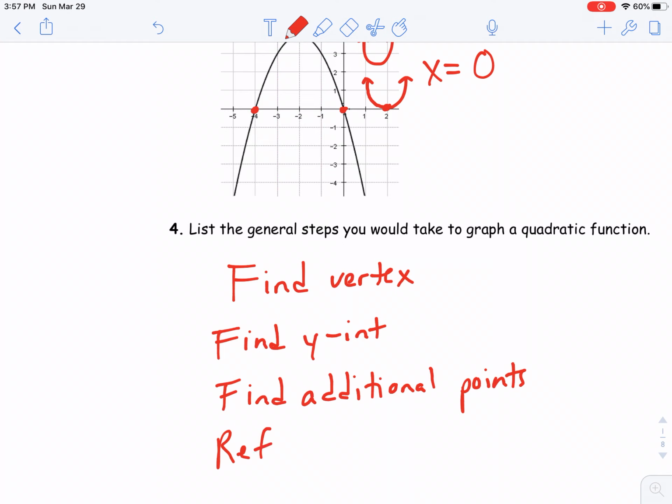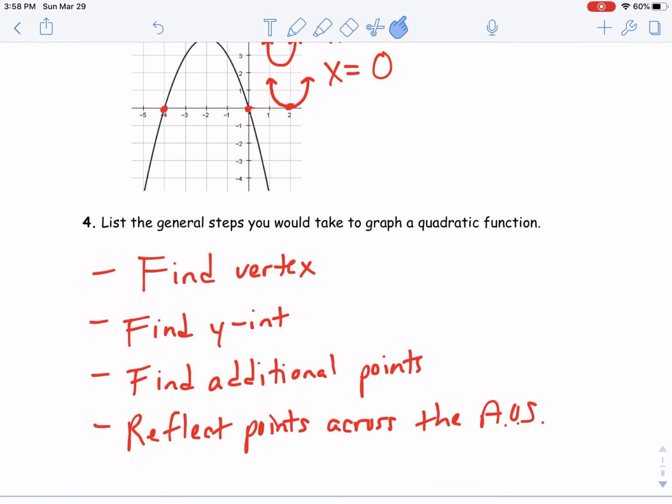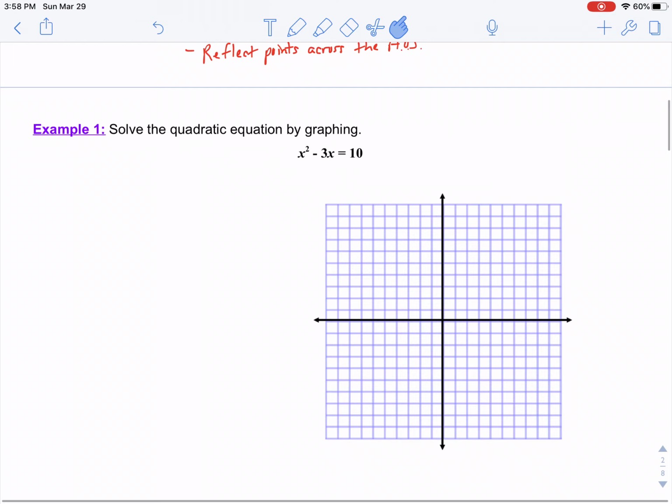Reflect the points across the axis of symmetry, the AOS. That's how you graph. Okay, and then just figure out where the graph crosses the x-axis, and that is how you solve a quadratic by graphing.